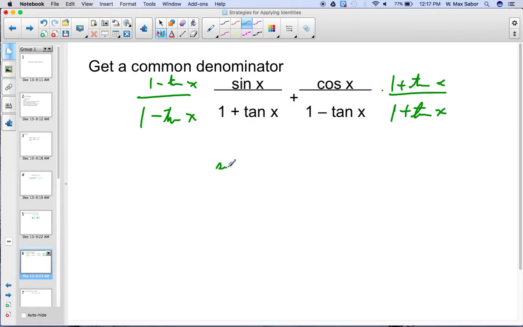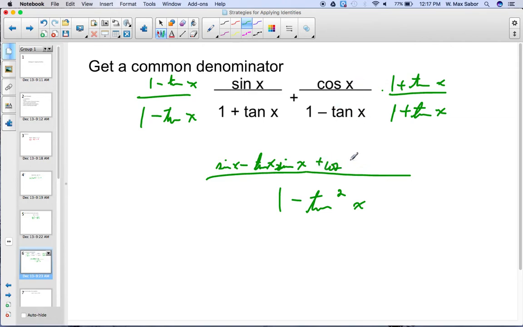So sine minus tangent sine, all over 1 minus tangent squared, and cosine times tangent, you should know, is sine. So now this is going to be something that we can do some stuff with.